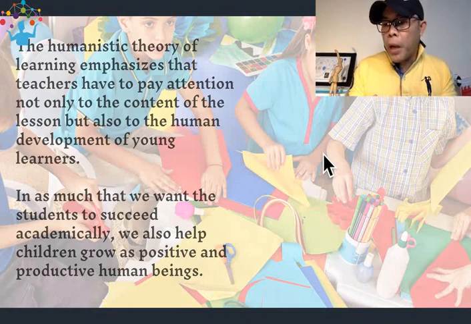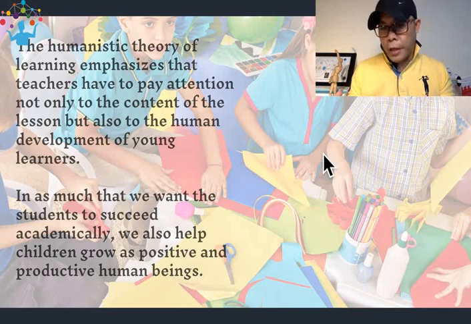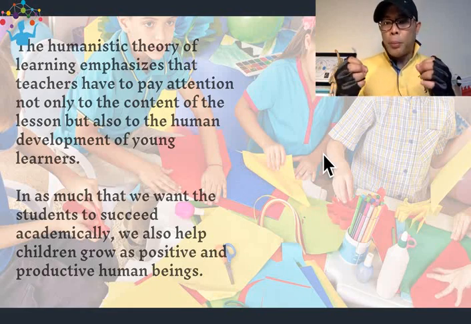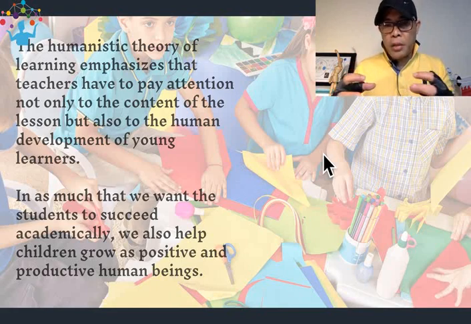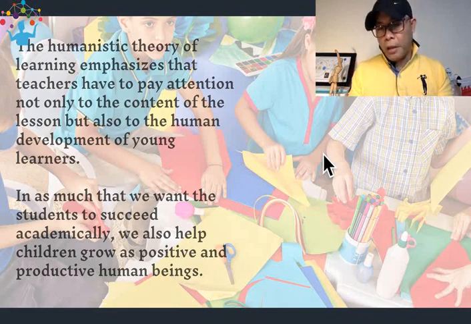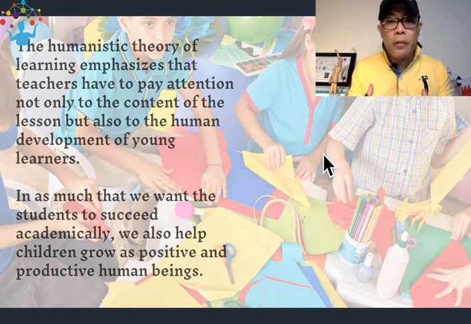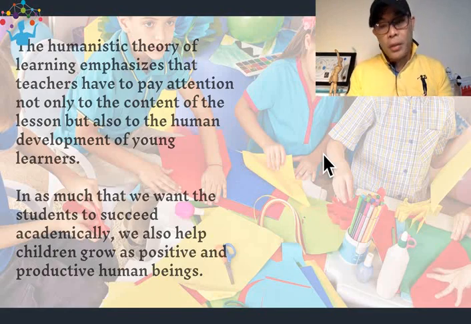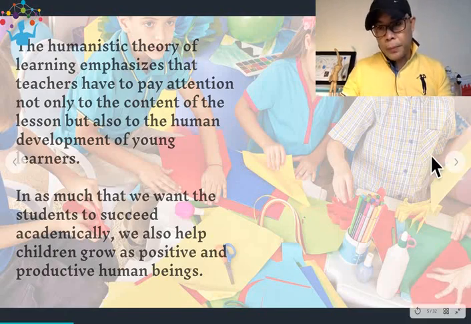So we are preparing them to respond to the real challenges in life, and that would entail a very productive or positive way of approaching life. So we are creating a foundation for children. We're creating the human foundation for children to respond to the real challenges of life.